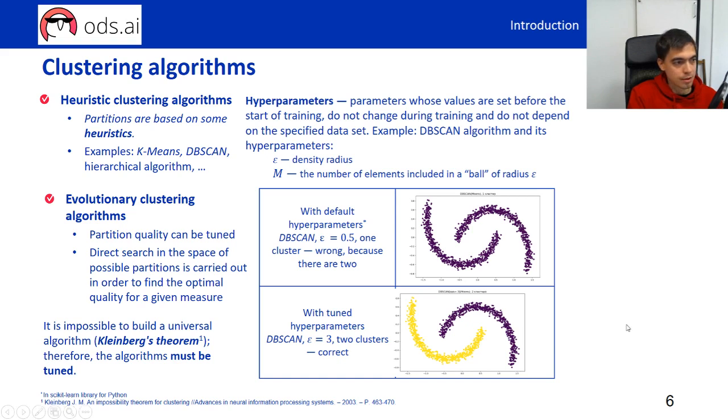This is the example for DBSCAN. In the first example we have one cluster, while it's evident that we have two, and in the second example with tuned hyperparameters, we have already two clusters. That is correct.